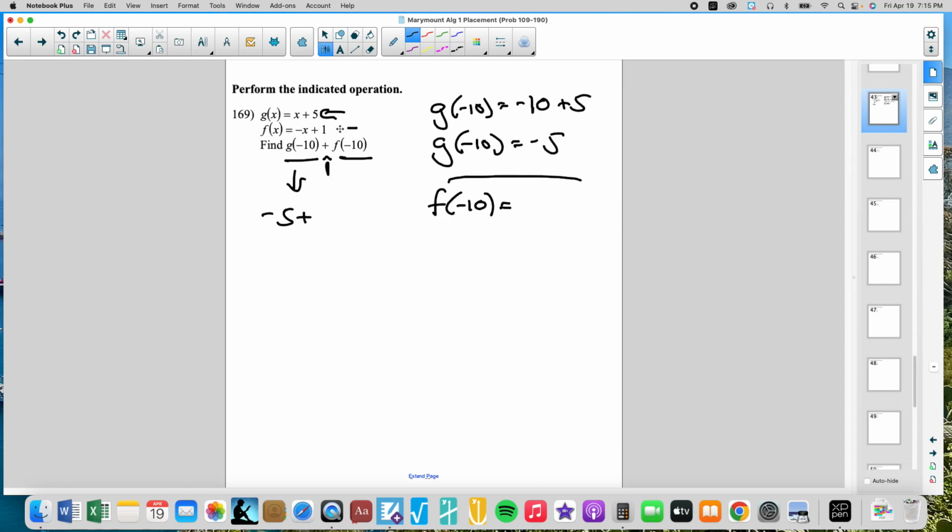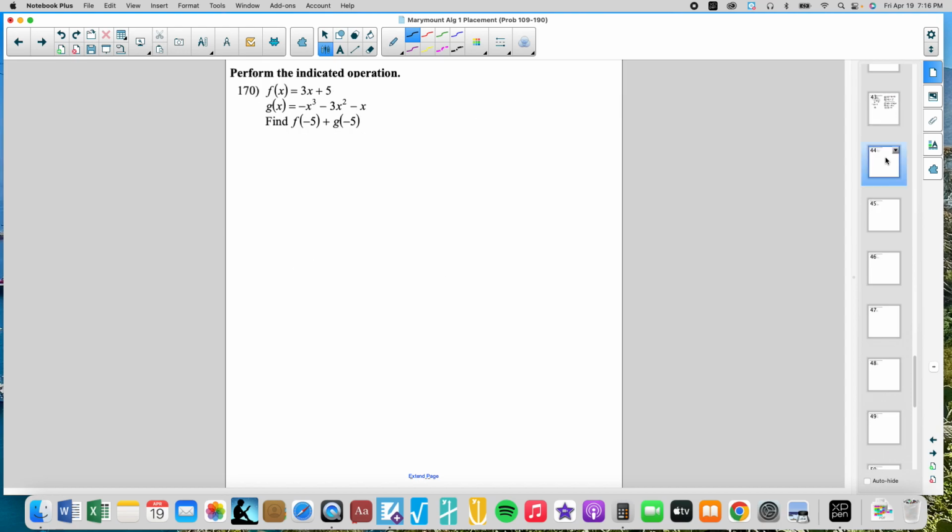And we're going to plug it into the f equation, which is the opposite of negative 10 plus 1. f of negative 10 equals 10 plus 1. f of negative 10 equals 11. So we'll plug that in. Negative 5 plus 11 gives me 6. So the answer should be 6, which it is.